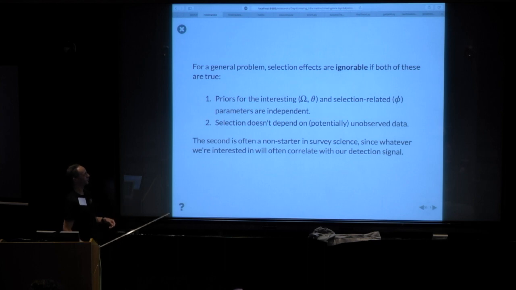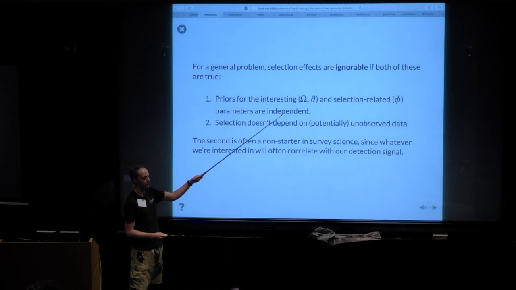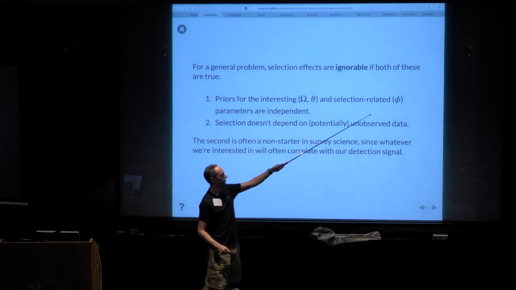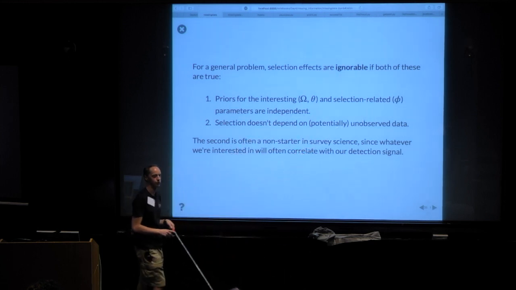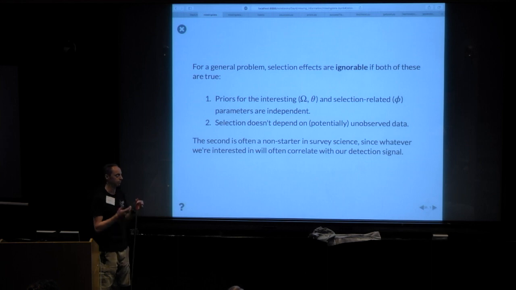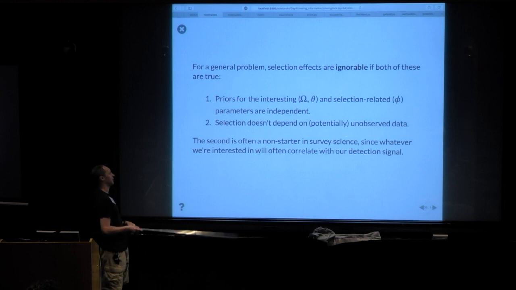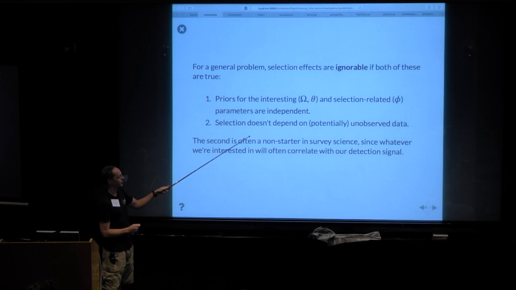if these two things are simultaneously true. First, the priors on parameters that you care about, and any of those additional parameters that might exist that have to do with selection only, are independent. I don't know if that's true in your case. It might be. Often we can just construct them to be that way. But here's the one that kills us for surveys. You would need selection to not depend on potentially unobserved data.